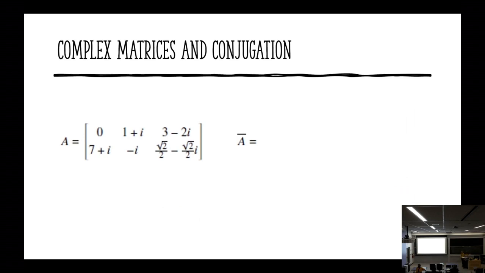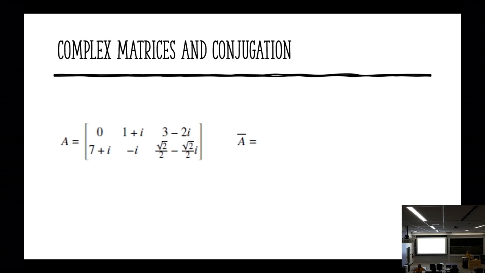Okay, so what about complex matrices? I just said that in quantum information, we're going to be thinking a lot about numbers in the complex plane. And when the matrix has complex entries, we call it a complex matrix. The conjugate of a complex matrix is a new matrix formed by taking the conjugate of each of the entries.